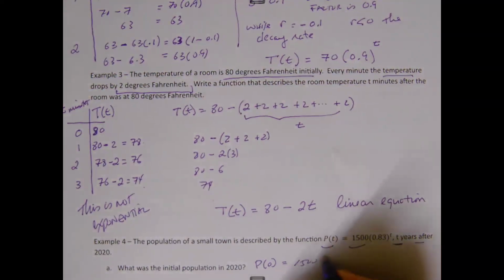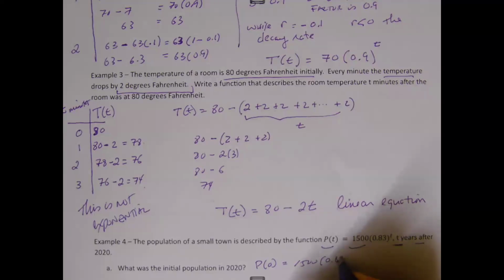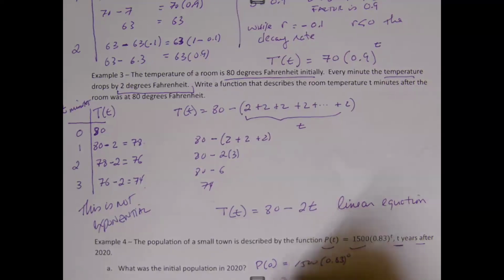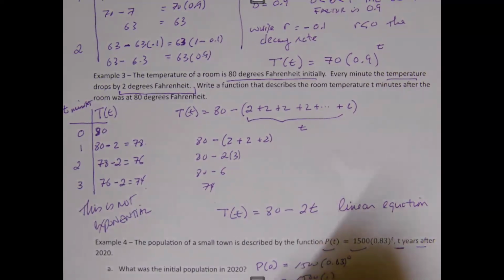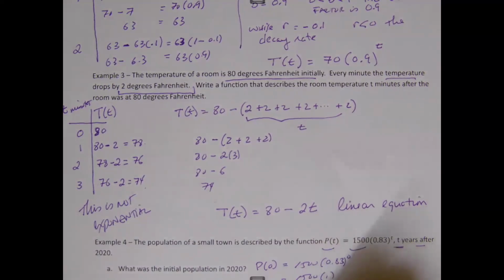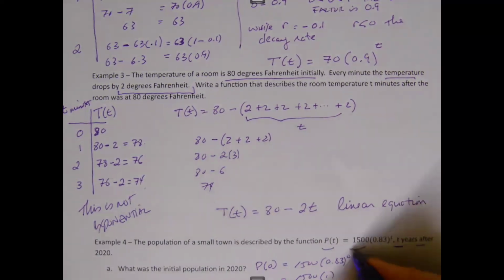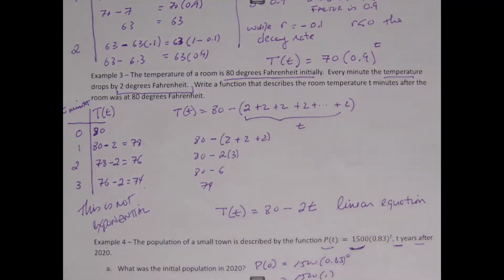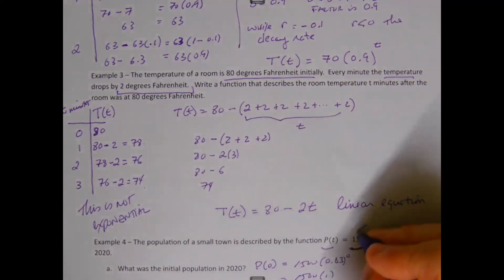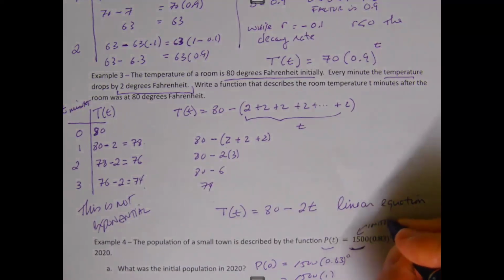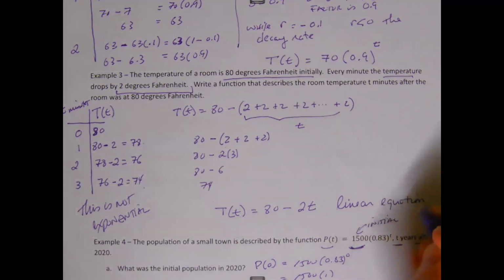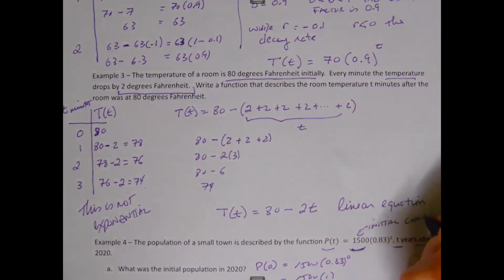At 0, what do I have? 0.83 to the 0th power is 1, and I get 1500. So the population was 1500 people, which I can see is sitting right here. That's what this is. This is my initial condition or value.